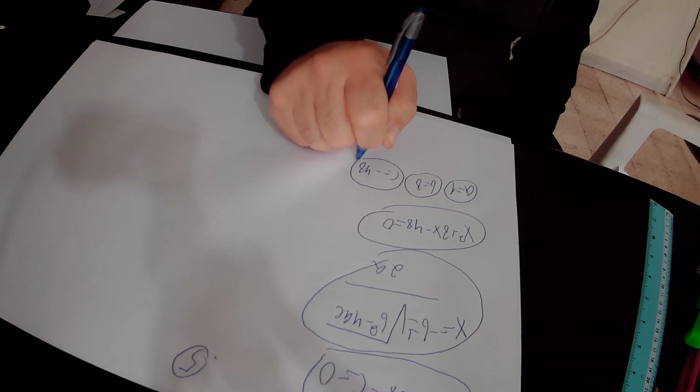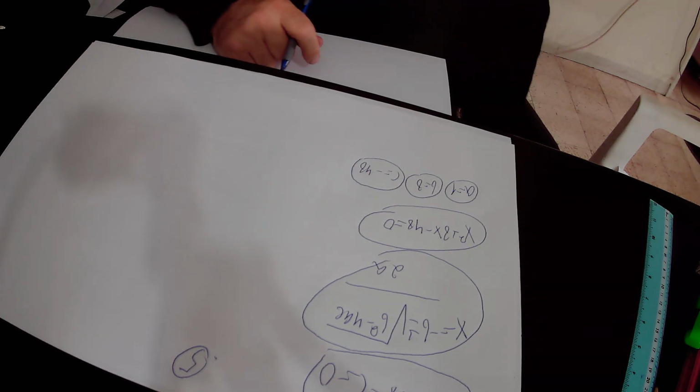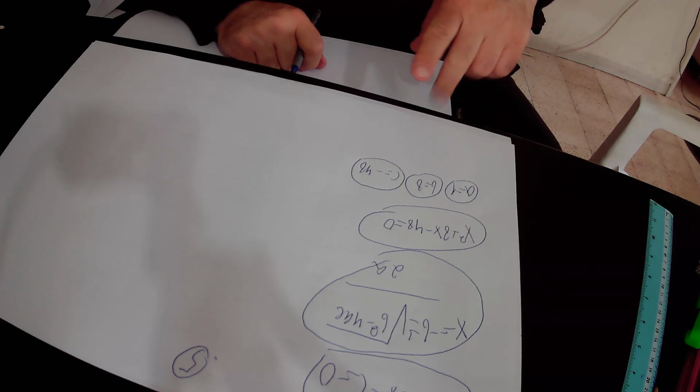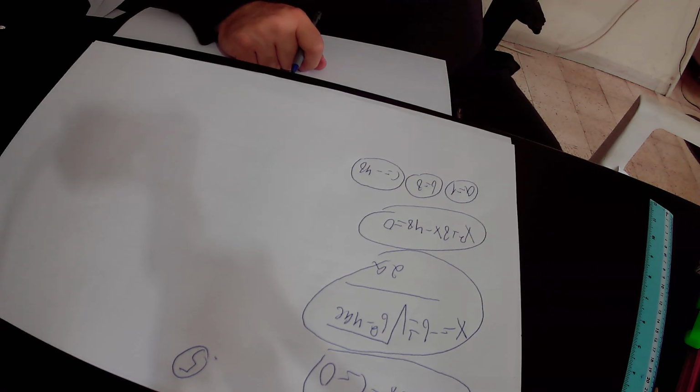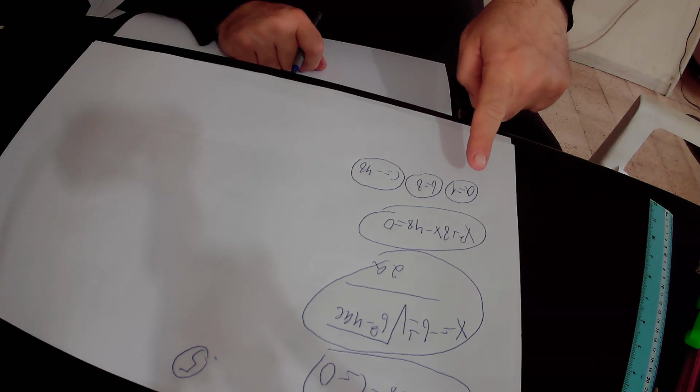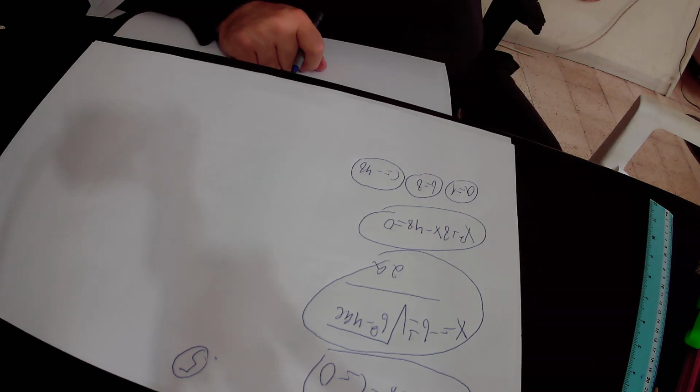So in the next step, we put the values of a, b, and c, those values that we found from our specific quadratic equation, inside this general formula for x, in order to find out the value or the values of x in our specific quadratic equation.